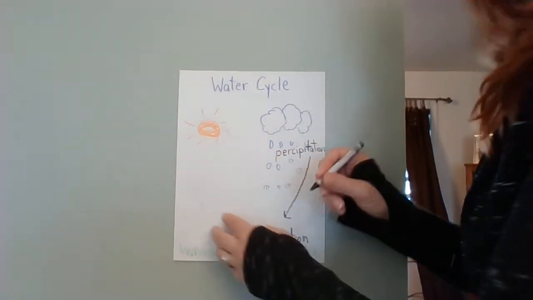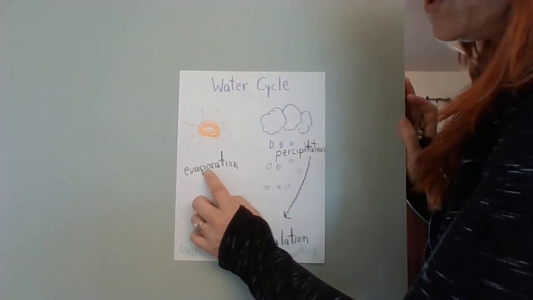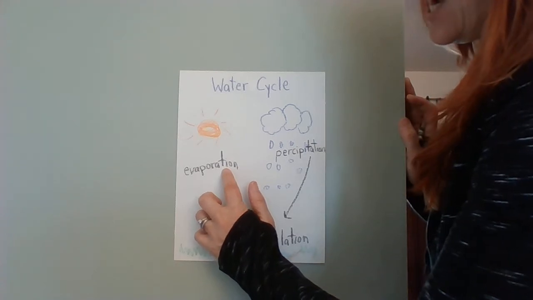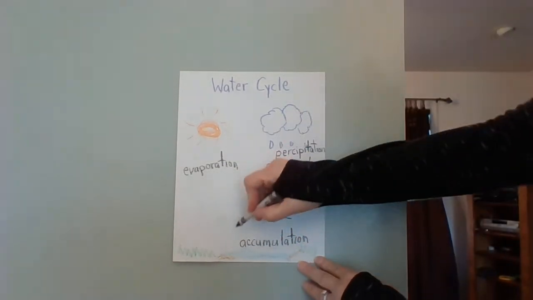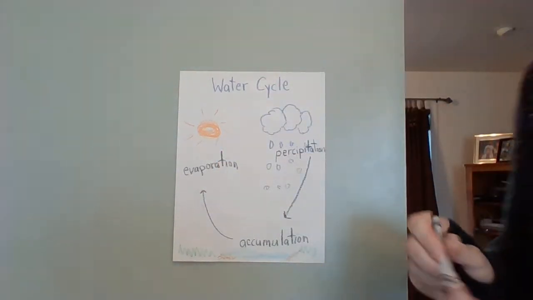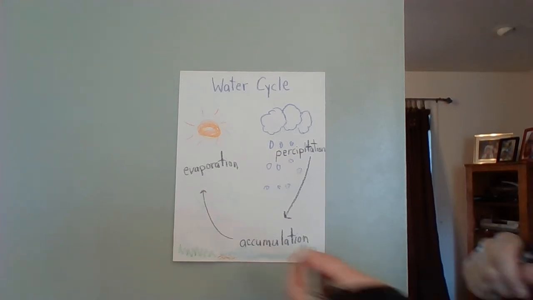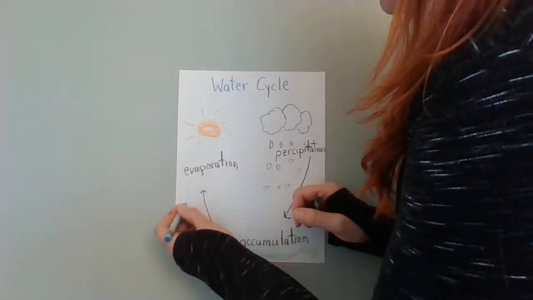See if I can do this. Okay, evaporation. Evaporation. And then you can have an arrow from accumulation to evaporation. Put a few more evaporation lines here.